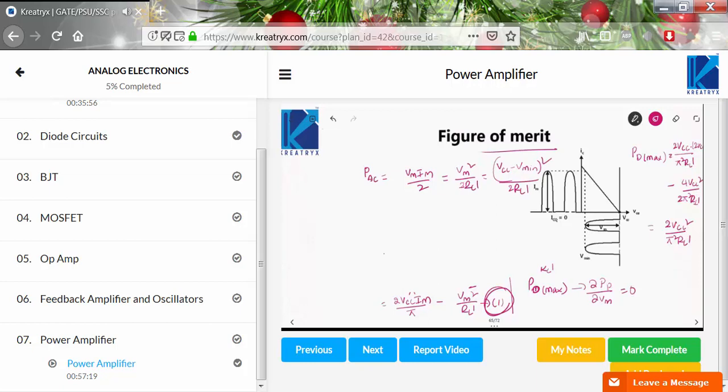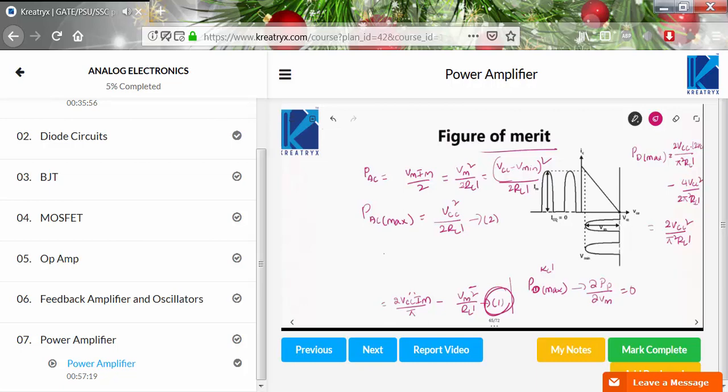Here PAC is maximum when V minimum is 0, right? Then PAC max is nothing but VCC square by 2 RL dash. This is equation 2.